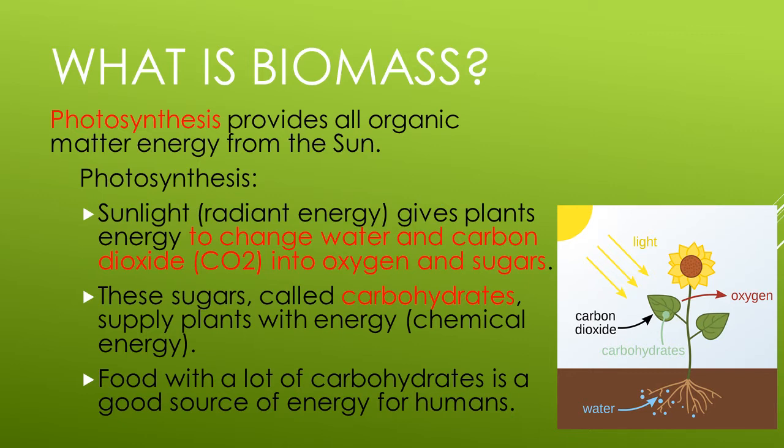Now, the plant is going to, as it grows, change that into carbohydrates, all right? So these sugars are called carbohydrates, and they supply plants with energy, chemical energy, okay? And through this whole process as well, plants are producing oxygen.